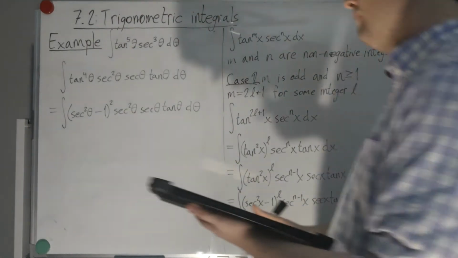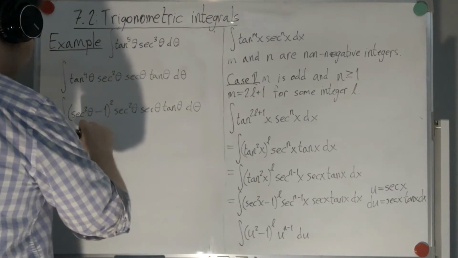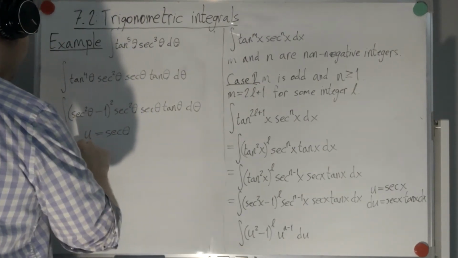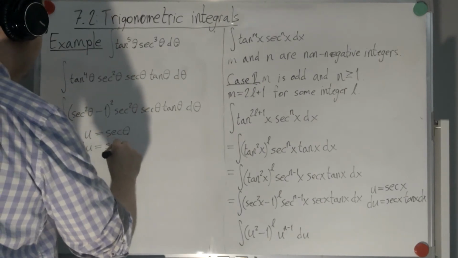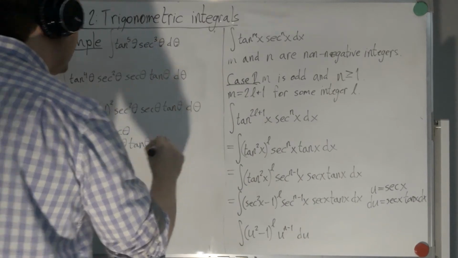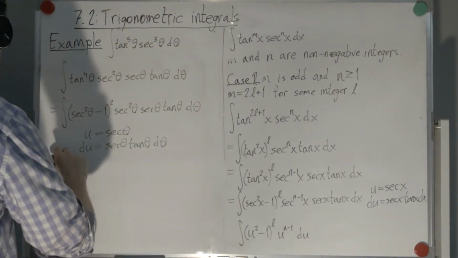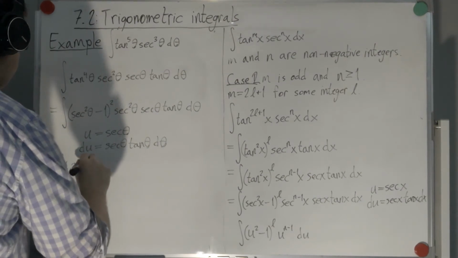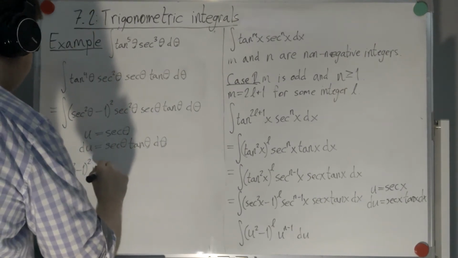Now from here, if we say that u equals secant theta, then du ends up being secant theta tangent theta d theta, in which case what we're looking at here becomes the integral of (u squared minus 1) squared times u squared du.